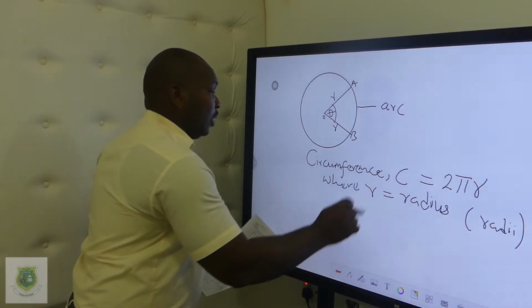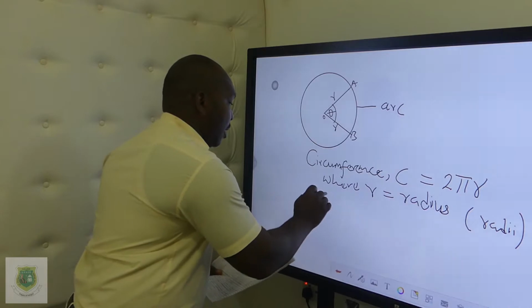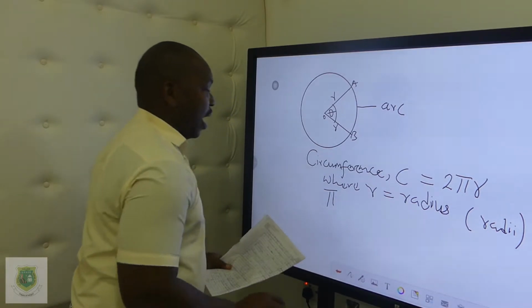Here, from the formula, this is called pi.